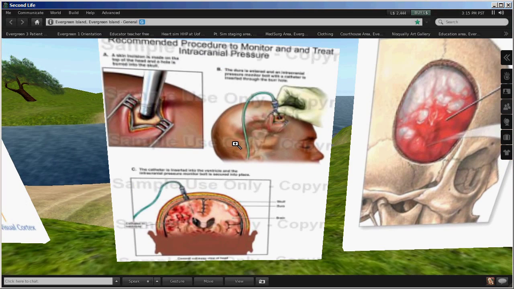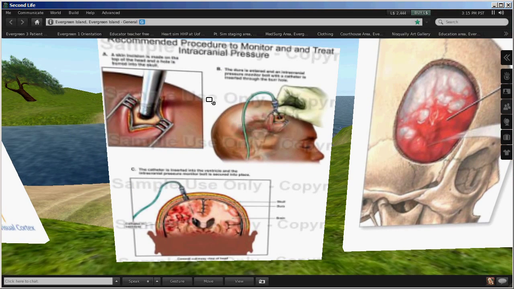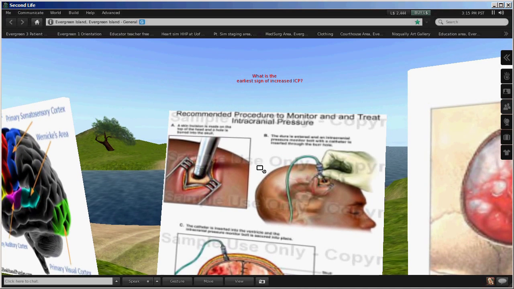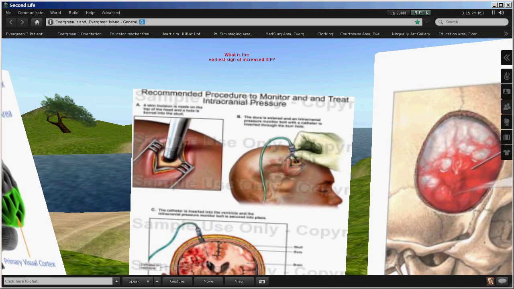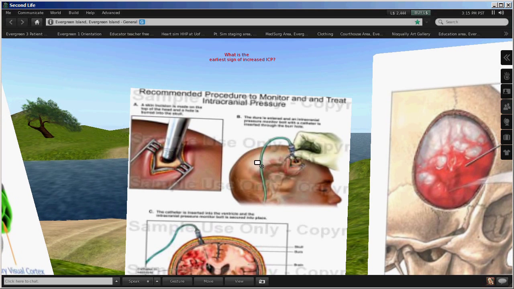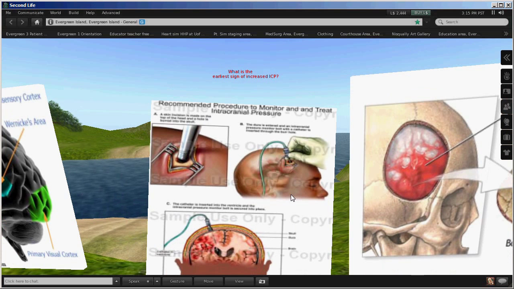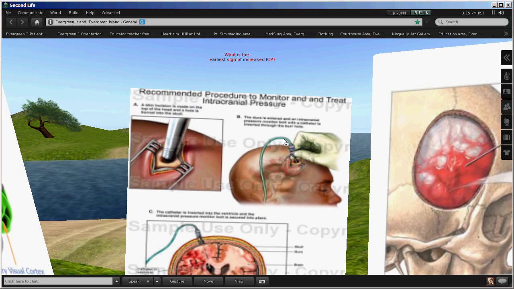This is a picture from a legal website, and it's showing putting in a shunt, not a shunt, but an intracranial pressure monitor. A shunt is quite similar, except it has a catheter coming out of it and usually stays in the patient and drains the fluid. A catheter, of course, attaches to electrodes.